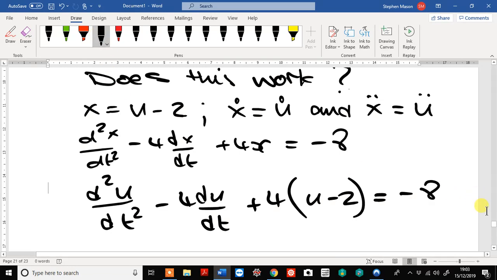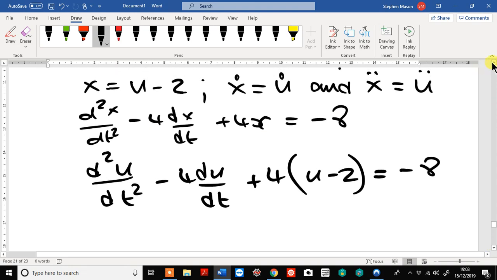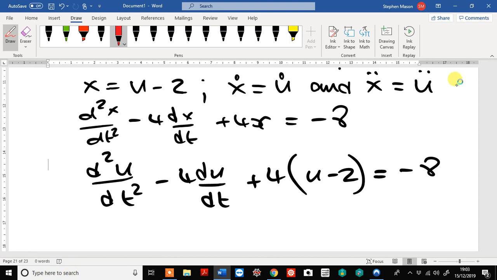Okay, now bear in mind that I'm using mixed notation here, and it's just because it saves space. So for example, this u double dot up here actually means d squared u by dt squared, and of course u dot means du by dt.